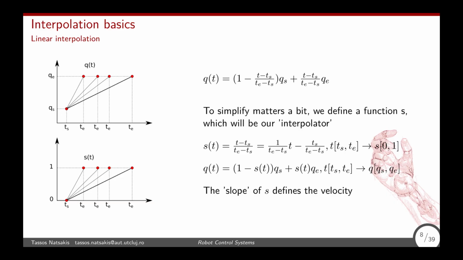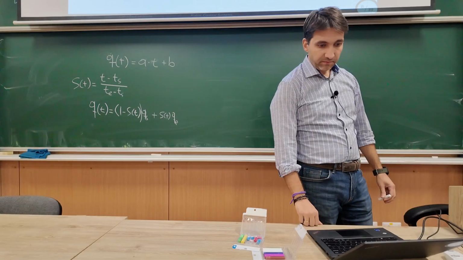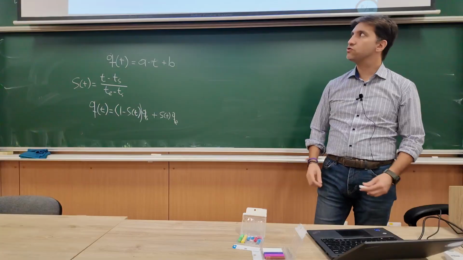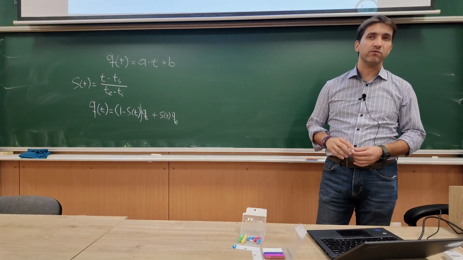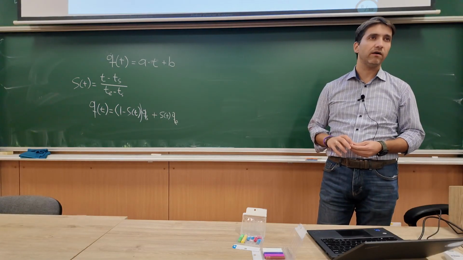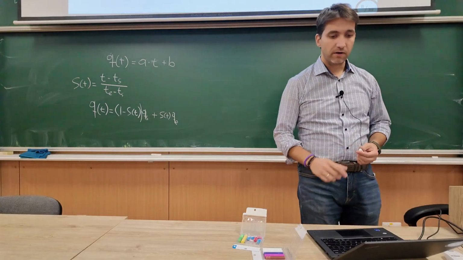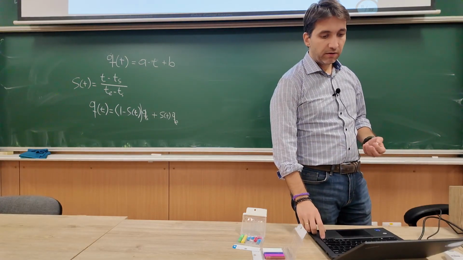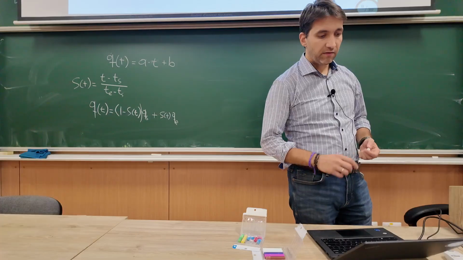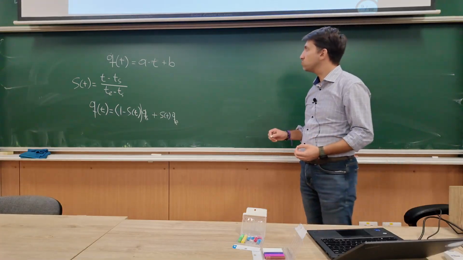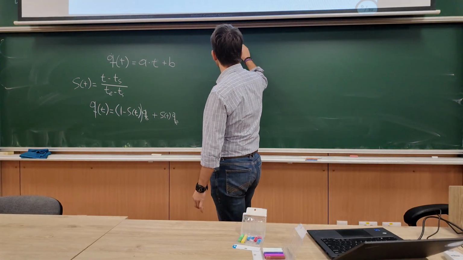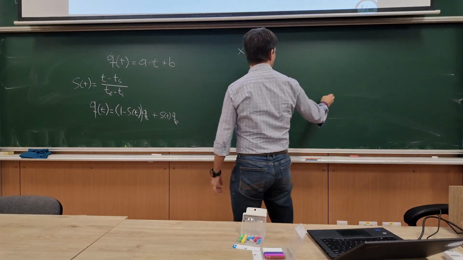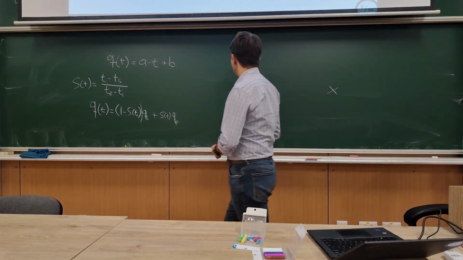Good. Now, how do we use this when talking about trajectories? We'll first talk about joint trajectories. A typical use case would be, I have an initial pose for my robot here, and a final pose for my robot here.